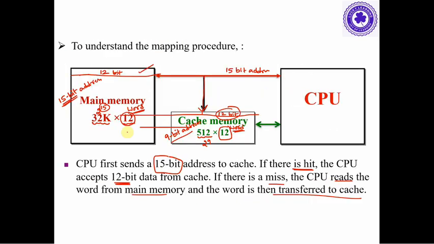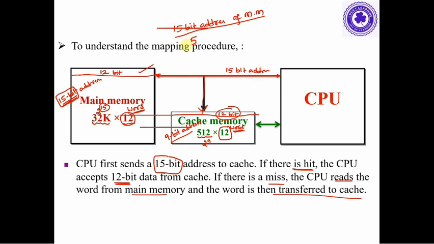Here, to understand it, instead of showing the 15-bit address, we are going to represent this 15-bit address in octal form. The 15-bit address of main memory I'm going to represent as an octal address. Octal uses 3 binary bits to represent one octal digit.